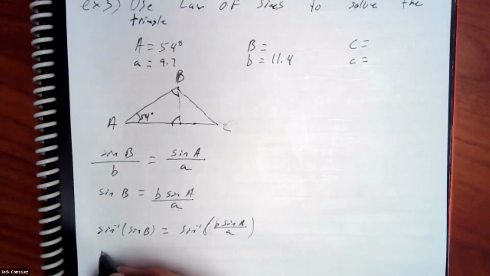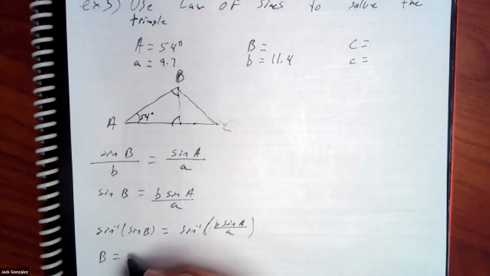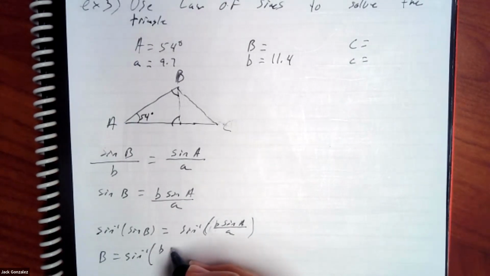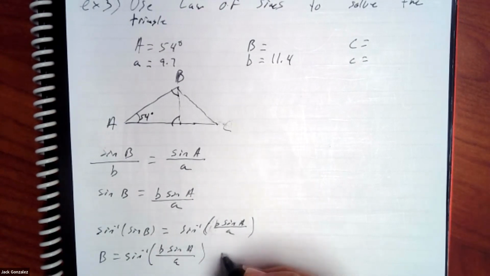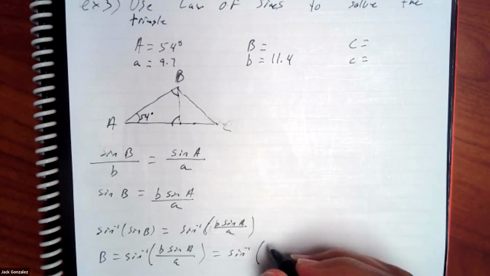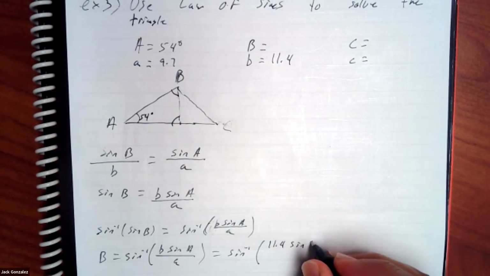So that gives us that B will be equal to sine inverse of B sine A over little a. So plug in all your numbers. The 11.4 sine of 54 over 9.7.